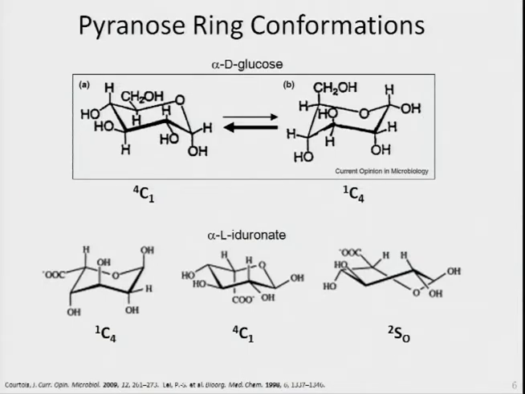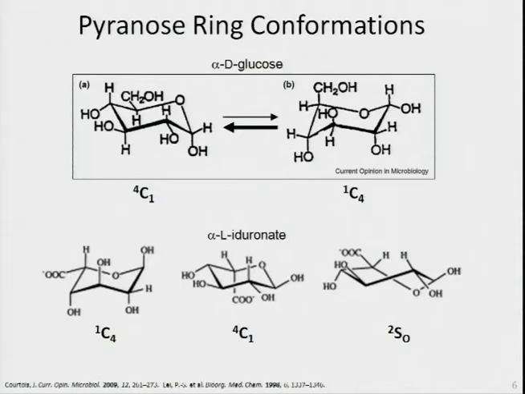So if you think about ring conformation and cyclohexane in particular, the substituents that stick up above the plane and below the plane, does anybody know what those are called? They're axial, right? These are the axial positions. And then the other ones that point sort of away from the ring are which ones?